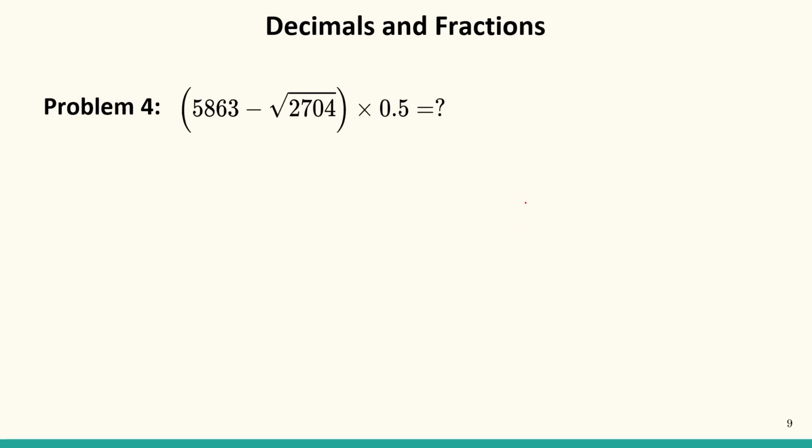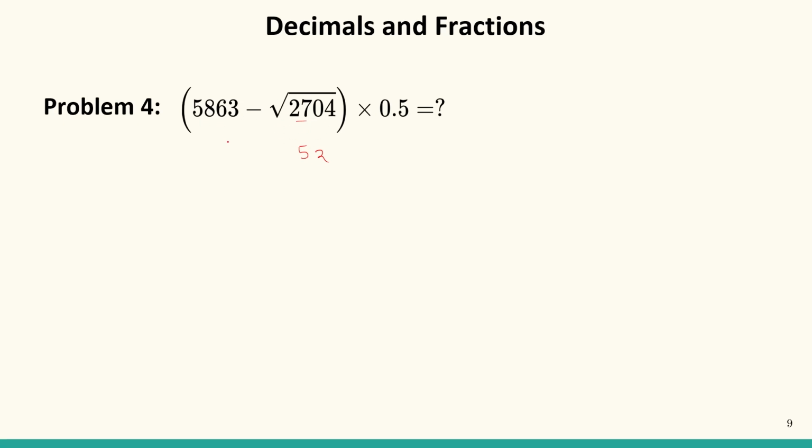The problem asks us: 5863 minus square root of 2704 into 0.5, what is it? Here you can see that 2704 is nothing but the square of 52, right? If we multiply 52 with 52, this is what we are left with, the number available in the square root.